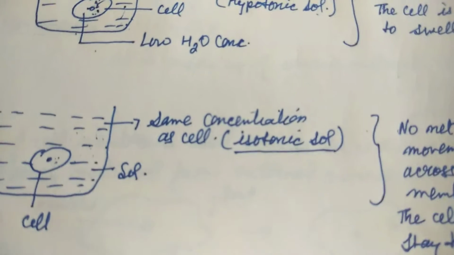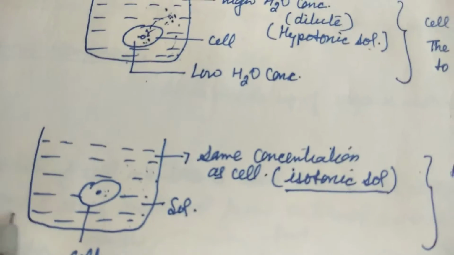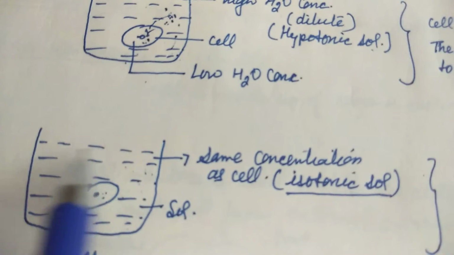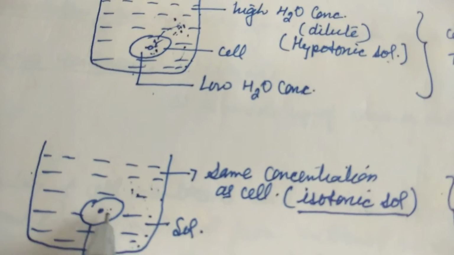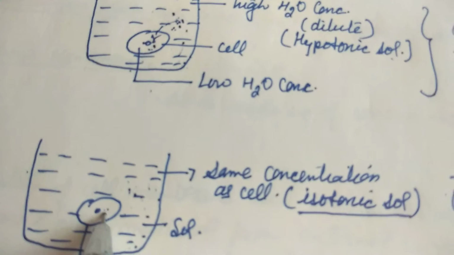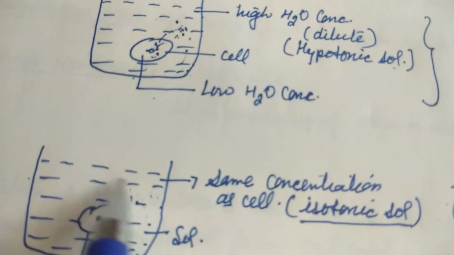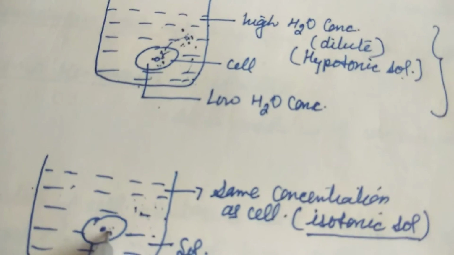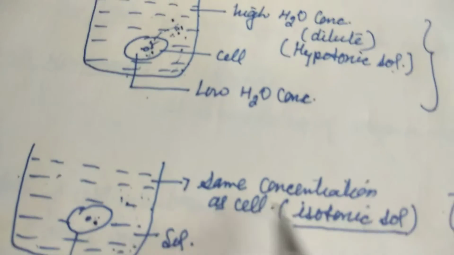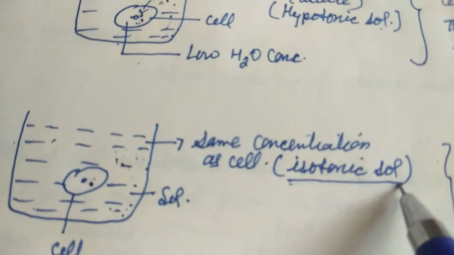Now if we take one more condition, we have again taken a solution, but its concentration is the same as that of the cell. Both the concentration of water molecules in the outer solution and inside the cell are the same. Such a solution we call an isotonic solution, right?